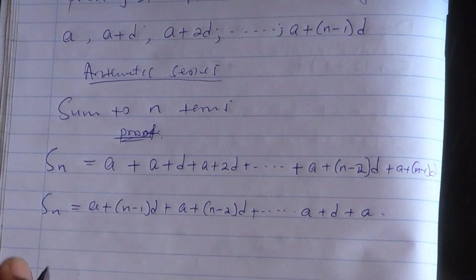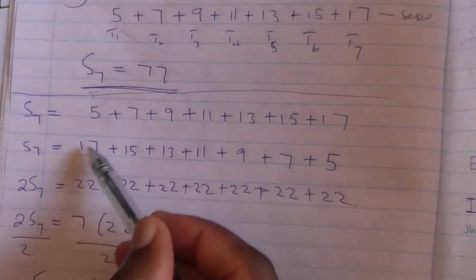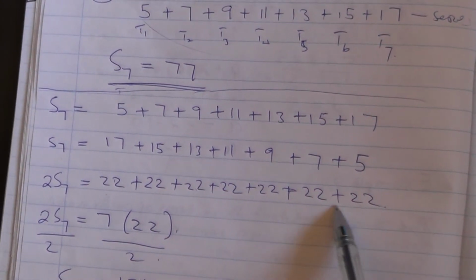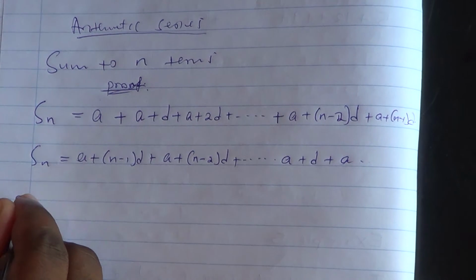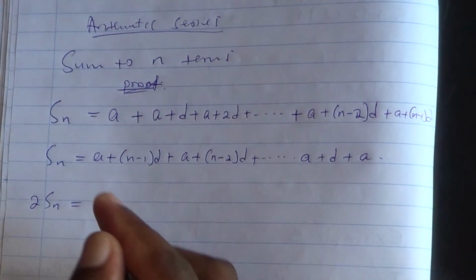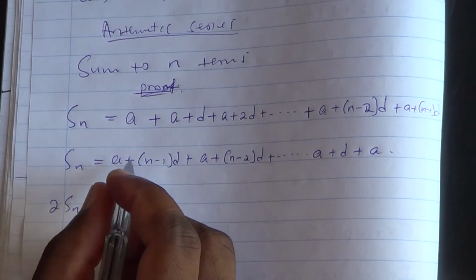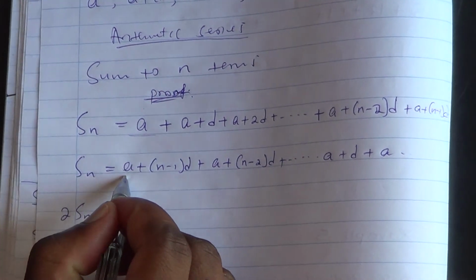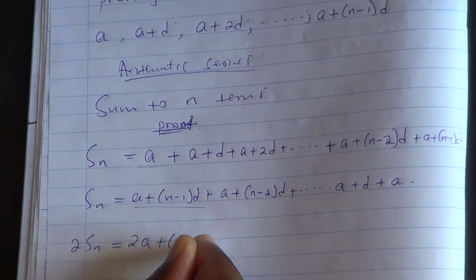So remember what we did back there? We were adding. You add these two, and these ones must be the same, all of them. So let's look here. This plus this is going to give us 2Sn is equal to a plus a, this is 2a. Oh, sorry, this is the term, and we are adding also this term, which is plus a plus (n minus 1)d.